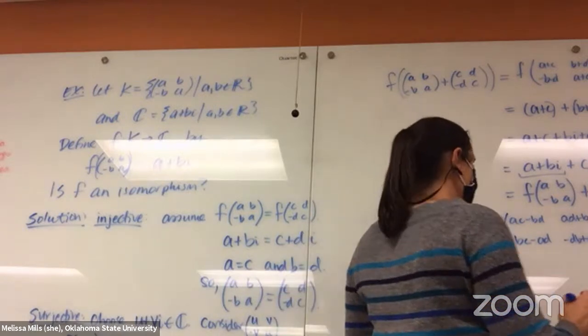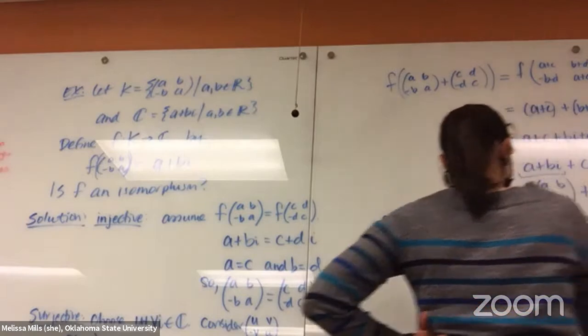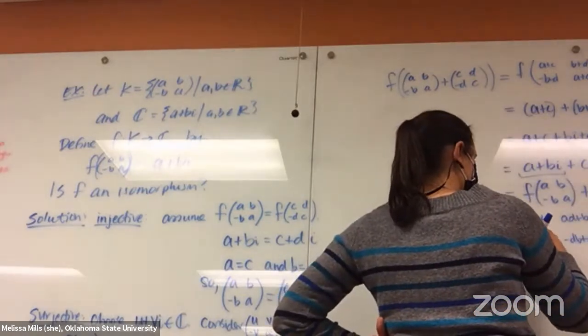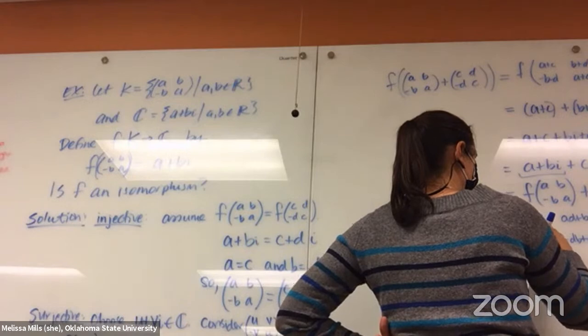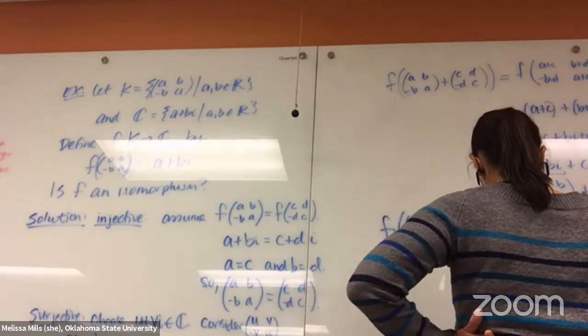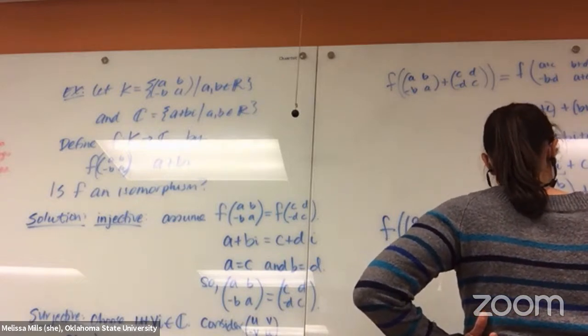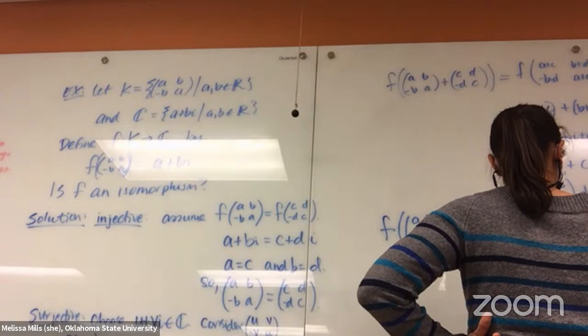Okay, so then let's see what that maps to. That's going to map to this plus I times that. So AC minus BD plus I times AD plus BC.